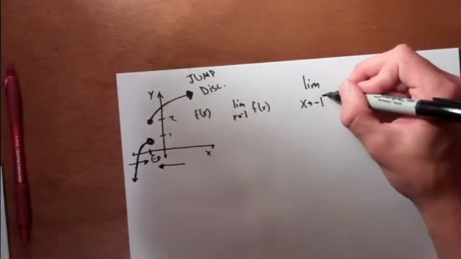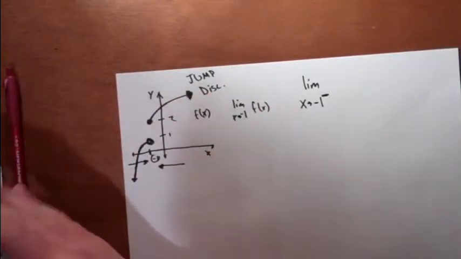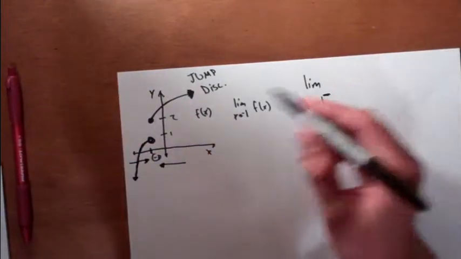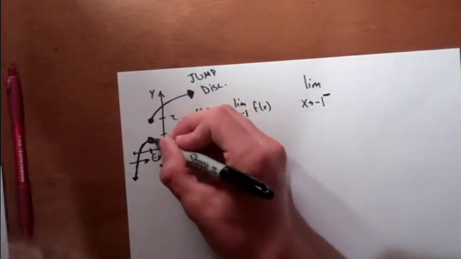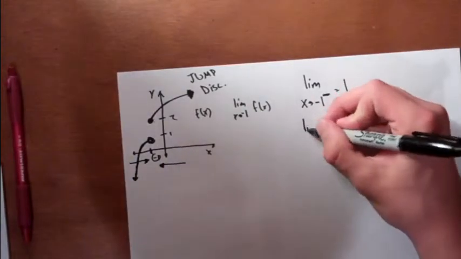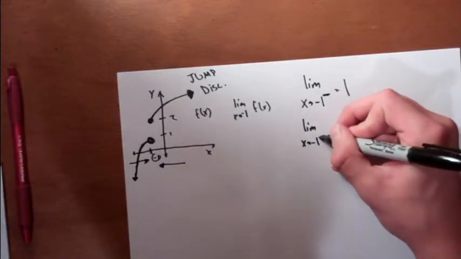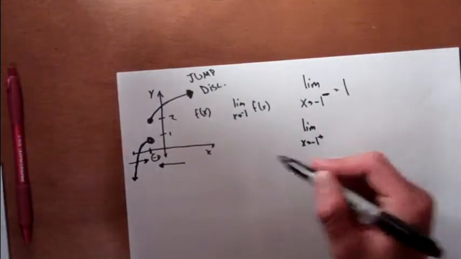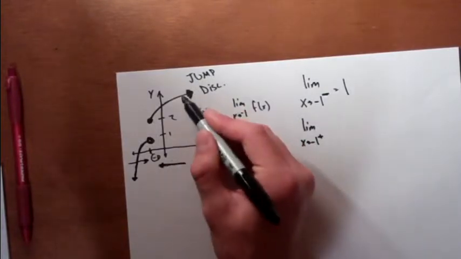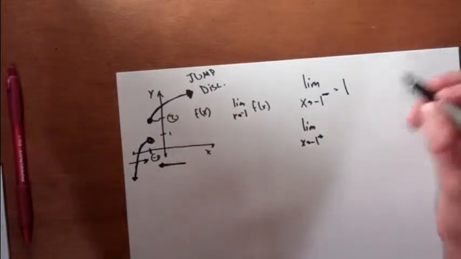It's easy to remember because the negative sign you can think of as coming from the negative axis, so from the left. The limit is 1, since y is getting closer and closer to 1. The limit as x approaches -1 from the right, indicated with a little positive sign, is coming from the positive axis towards -1, and we can see that our y value is approaching 2.